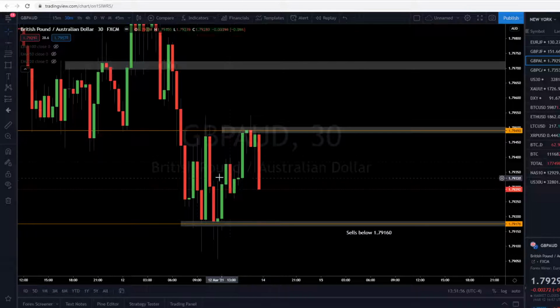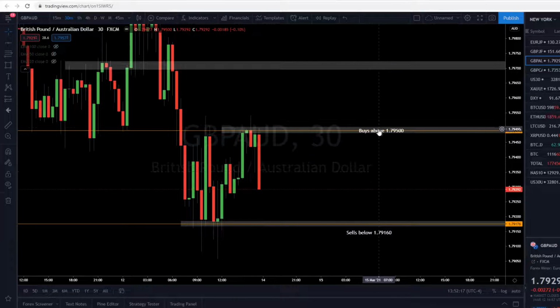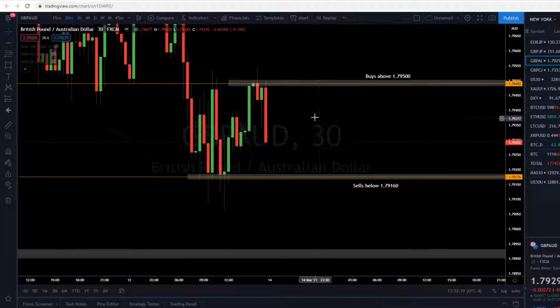Obviously, you could take smaller trades in here, but I'm just not comfortable with it because it is ranging. And when you're trying to trade in a ranging market, you will lose, I would say, 90% of the time. 179, 500. Okay, so we have our buys marked out now. So this is basically what I'm looking for.